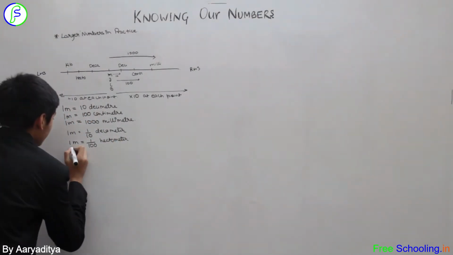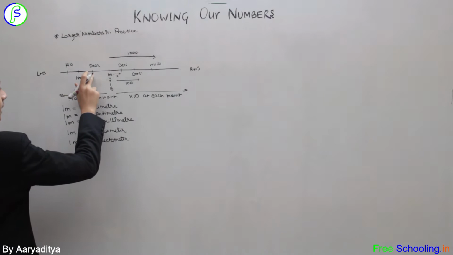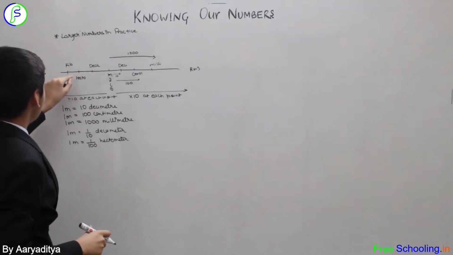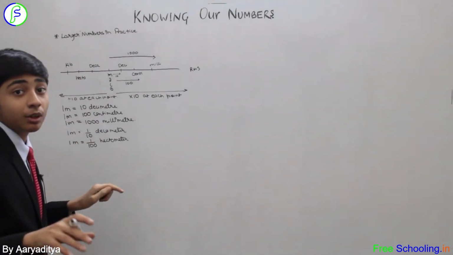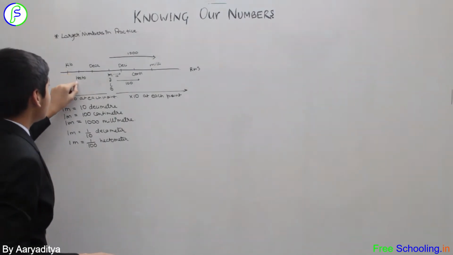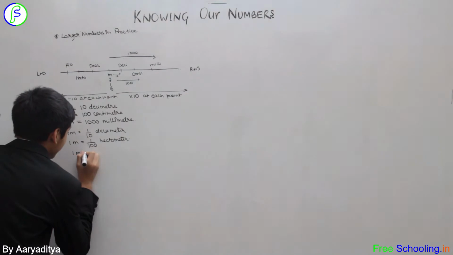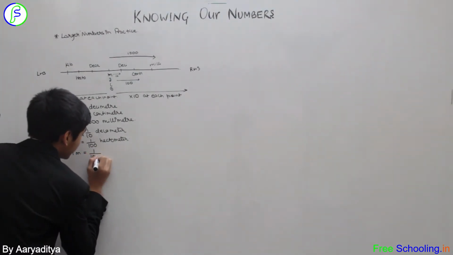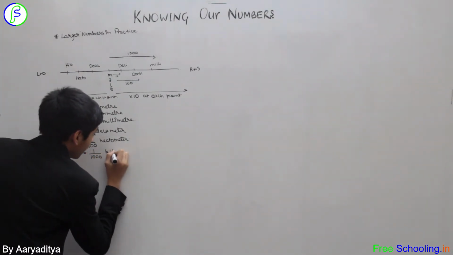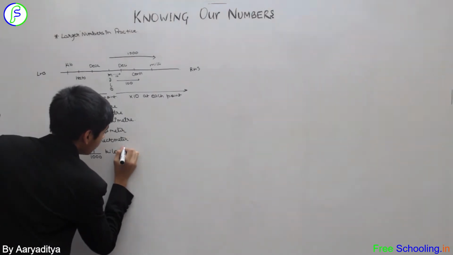Because divided by 10 and again dividing by 10. So 1 by 10 into 1 by 10 is equal to 1 by 100. Similarly, going to the last case, 1 meter is equal to 1 by 1000 of a kilometer.